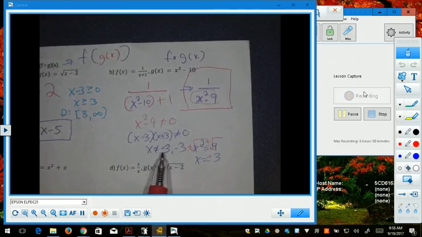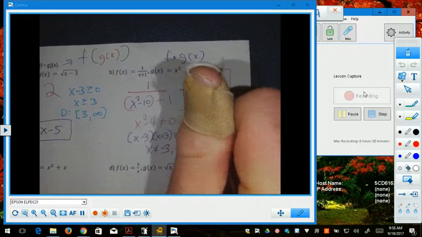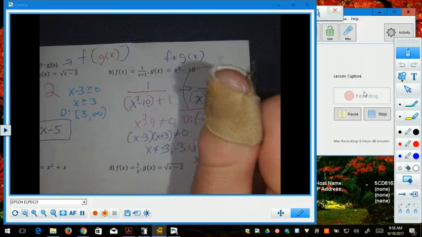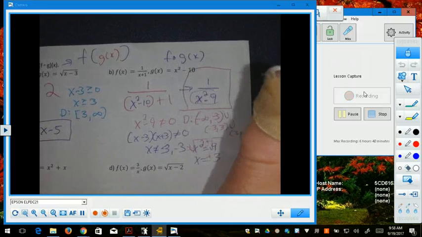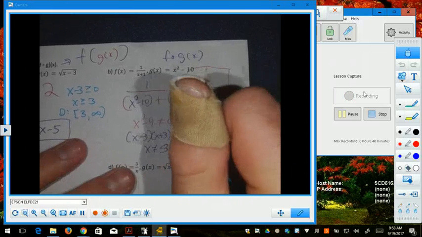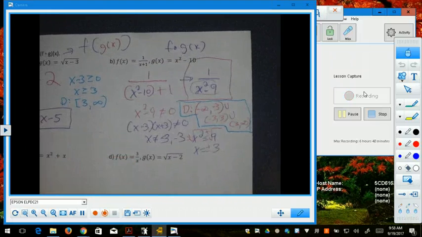And there will be, because there are 2 interruptions in the domain, and otherwise it would be all other numbers. We have from negative infinity up to negative 3, and then the numbers between negative 3 and 3, and 3 to infinity. So our domain is negative infinity up to negative 3, joined with negative 3 to 3, joined with 3 to infinity. So 3 intervals to say it can't be 3 or negative 3, but anything else it can be.